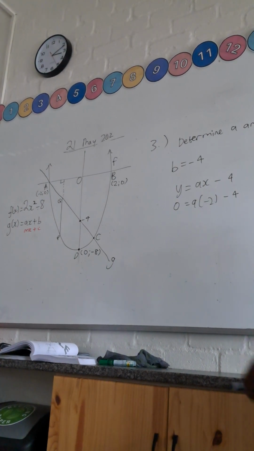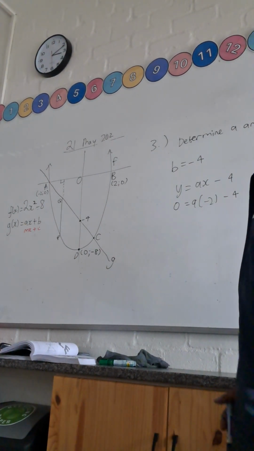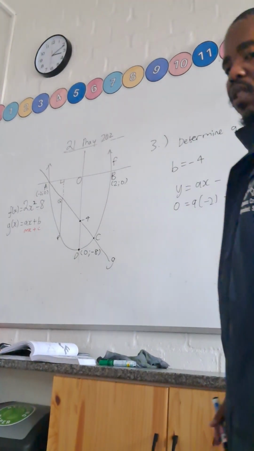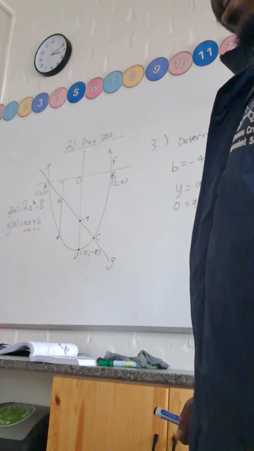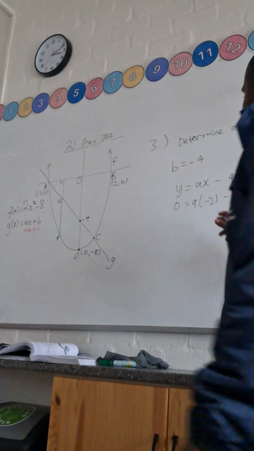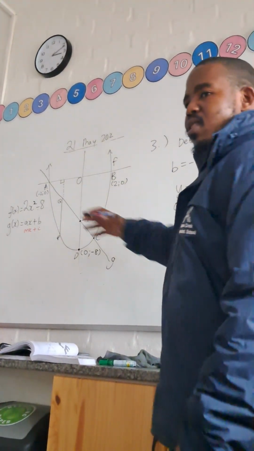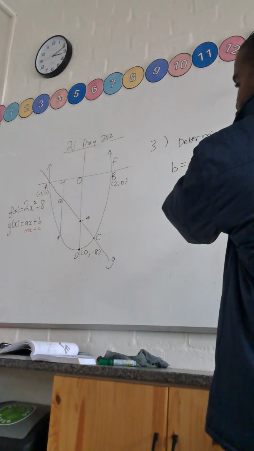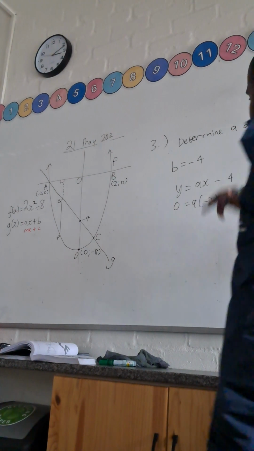So you just sub in the point. I can sub in any point on the line if I have that C already. The point of doing this is just trying to solve for A. Remember, A is our gradient.